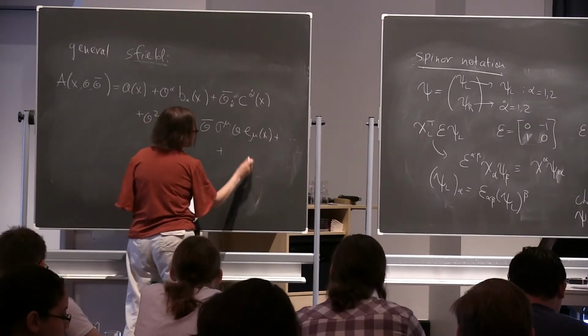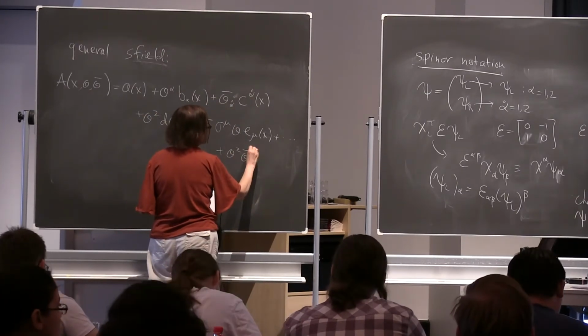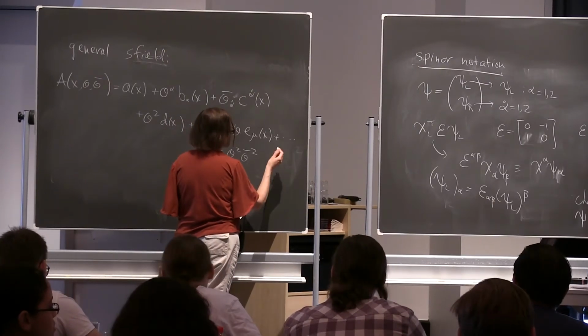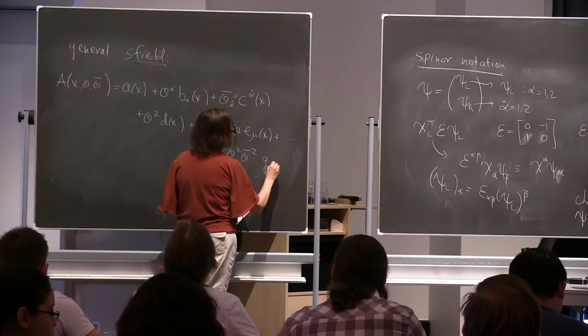And the very last thing that you can write is theta squared theta bar squared times something that I can call, let's call it g of x.